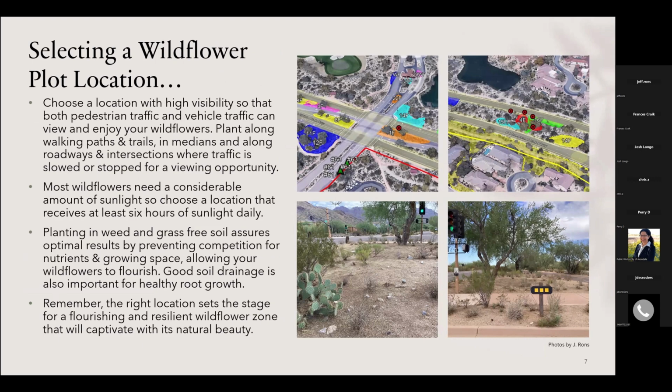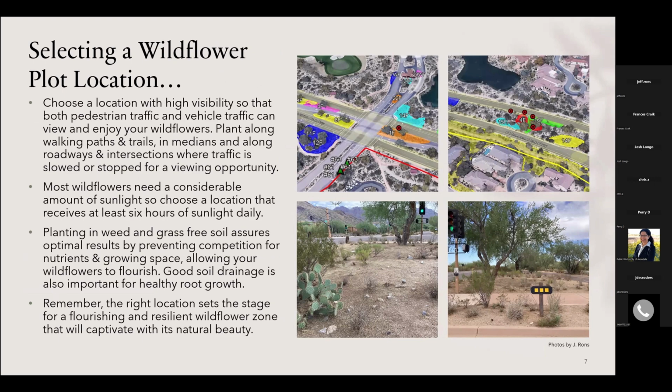So when you're selecting a site, what I would do is drive through your community and look for some common areas. You gotta make sure you're on your own property, that it's your HOA property or community property. You don't want to be putting a wildflower plot in the common area of Wells Fargo or something.